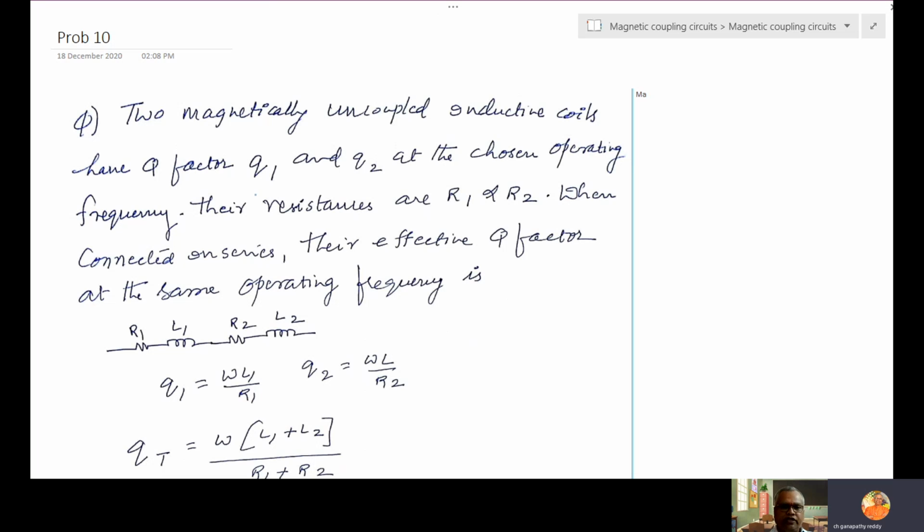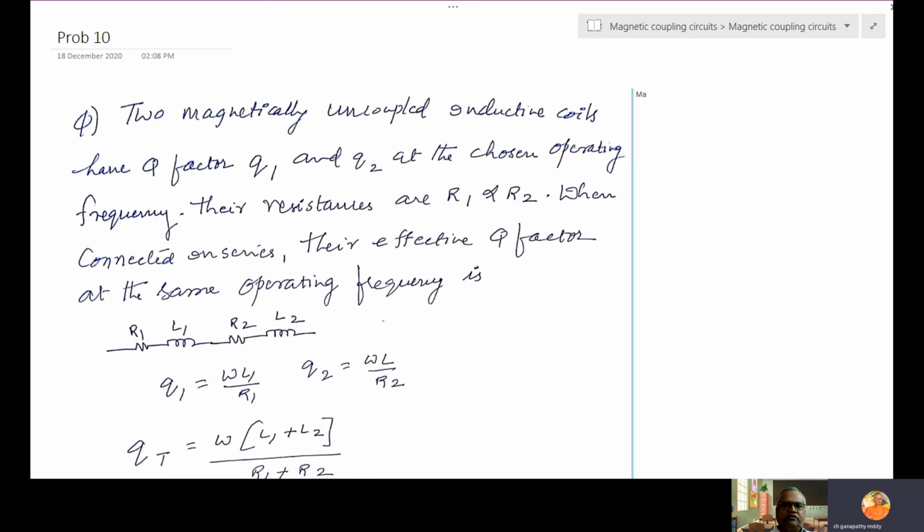This was asked in IES, I think. Two magnetically uncoupled inductive coils, having quality factors Q1, Q2 at the chosen operating frequency. The resistances are R1 and R2. When connected in series, what is their effective Q factor at the same operating frequency?